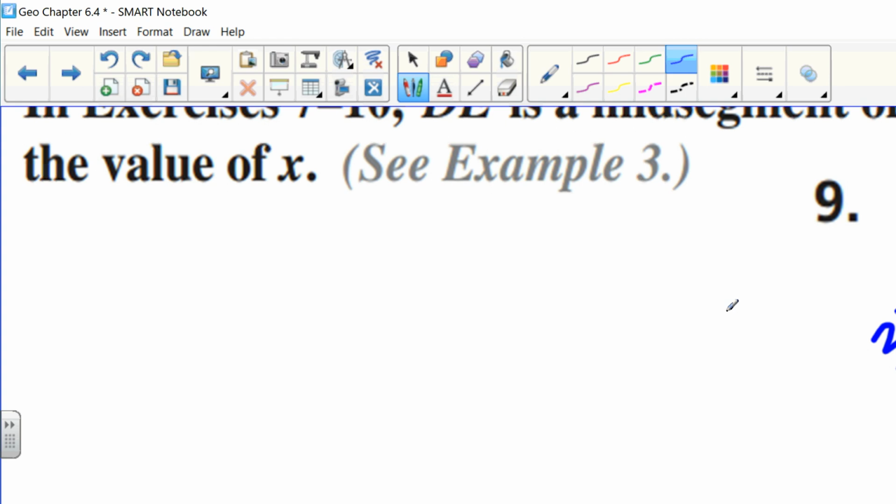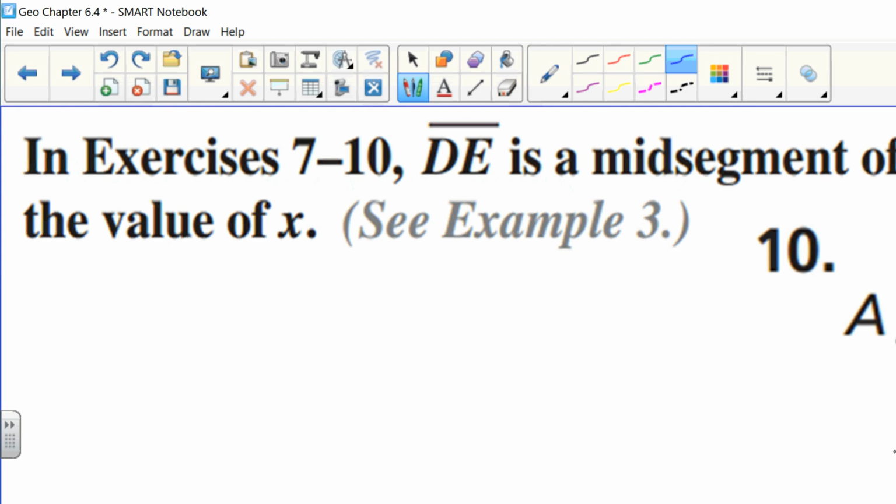So if the X was on the other side, up top, and this was, say, 8. Well, in this case, X would be? This D is still a midpoint. Yep.